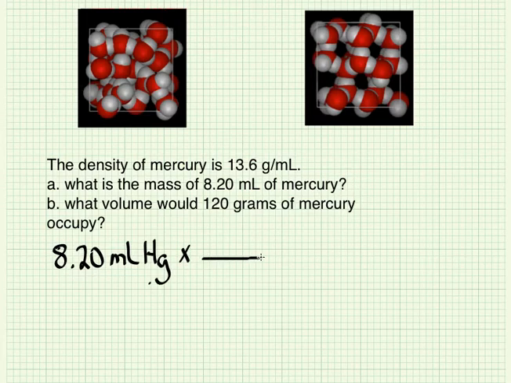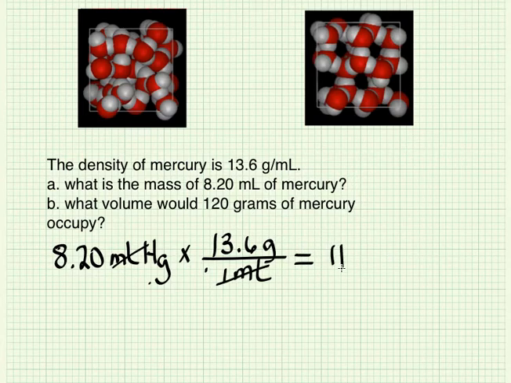So I'm going to use the density as a conversion factor. I'm going to put the 13.6 grams in the numerator, and that's in 1 milliliter. And look at what happens to the milliliters. They cancel out. Let's throw this in our calculator, and I essentially get 111.5, and that would be grams of mercury.